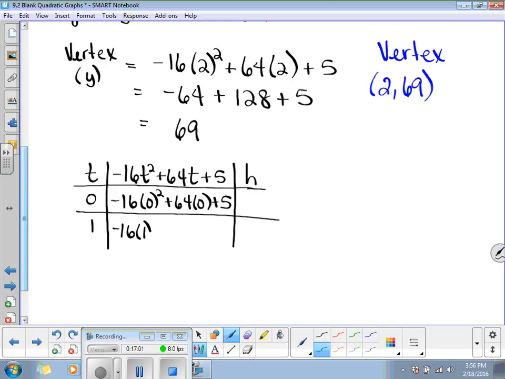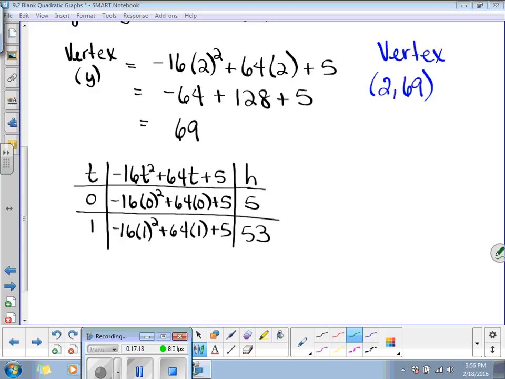We also have -16 times 1 squared plus 64 times 1 plus 5. So this is 0 plus 0 plus 5, which is just 5. That's the y-intercept, right? All right, so there we have our other 2 points to put on our graph. Are there any questions so far? Pretty good? All right.